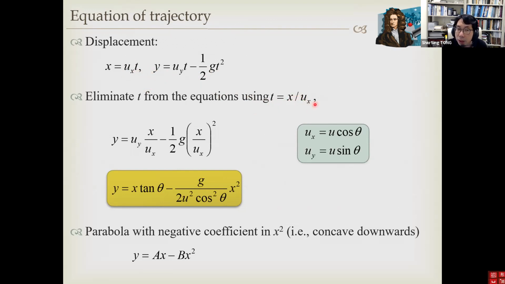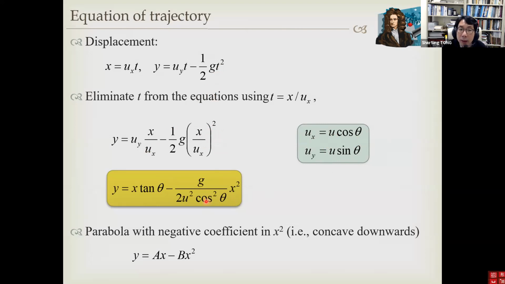And so we can substitute this t into the equation that describes the vertical motion. So we put the t here to be x over ux, and the t squared here we also replace by x over ux. And after some simplification, and with the substitution ux equal to u cosine theta and uy equal to u sine theta, we got this formula.